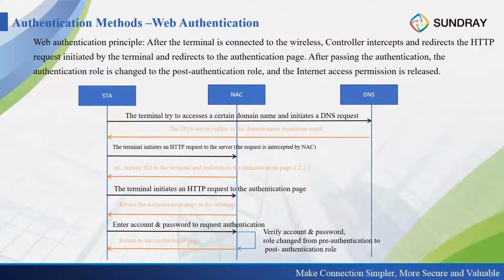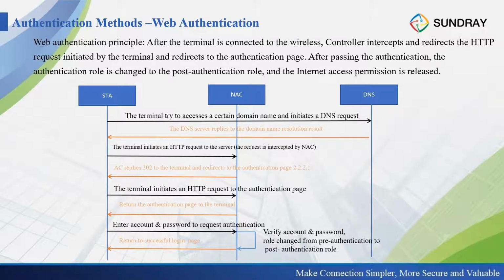This request will be intercepted by our controller, and our controller will redirect it to our portal page by sending a 302 reply. A 302 reply is actually a standard reply. If you want to learn more, you can search online for what a 302 reply is in this kind of communication. So after this, it will be redirected to our portal page.